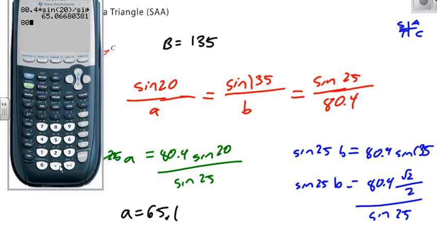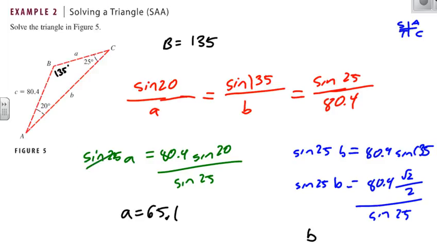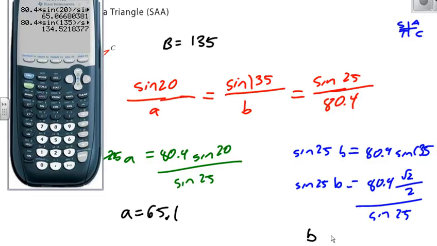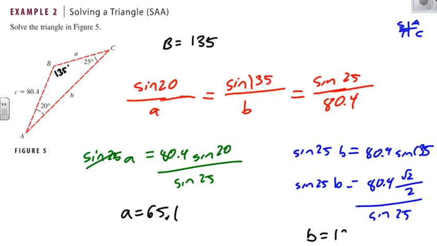So 80.4 times sine of 135 divided by sine 25. So b is 134.5.